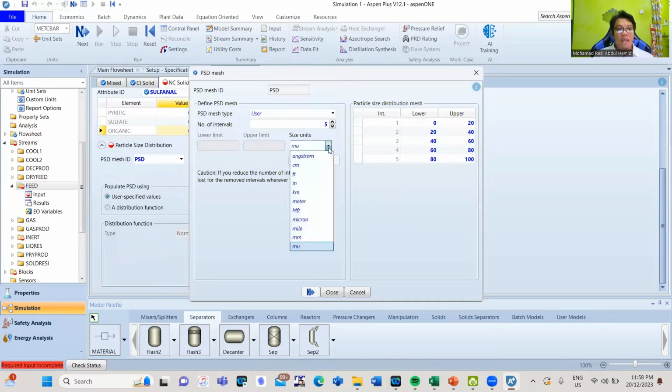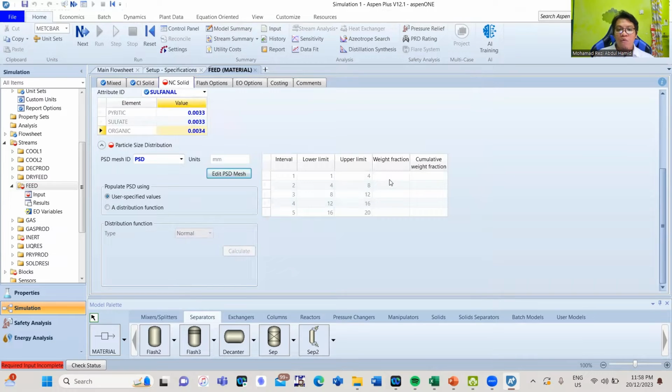Then the size unit should be millimeter. Choose. Now the lower limit is 0 to 4, and then 4 to 8, 8 to 12, 12 to 16, 16 to 20 millimeters. Now that you have defined the intervals, hit close.